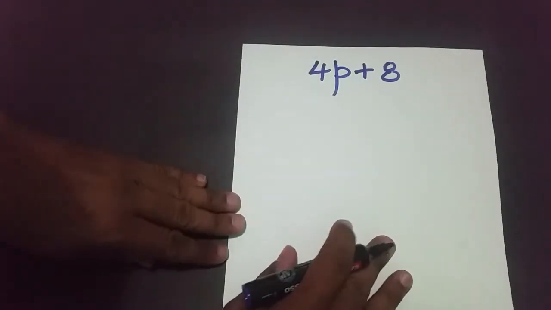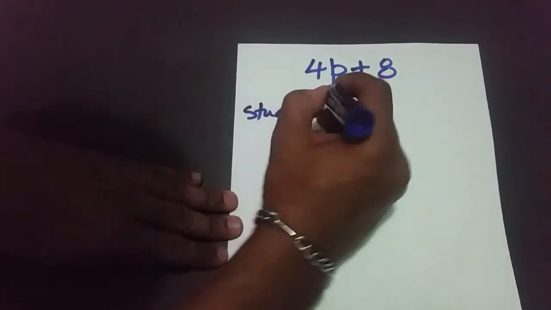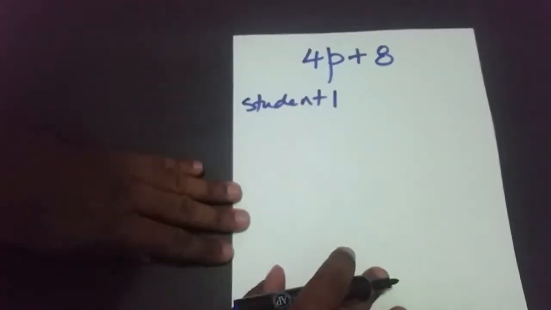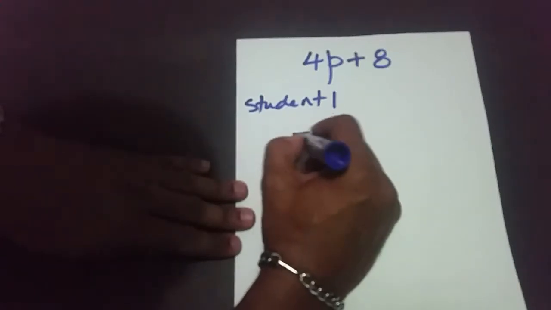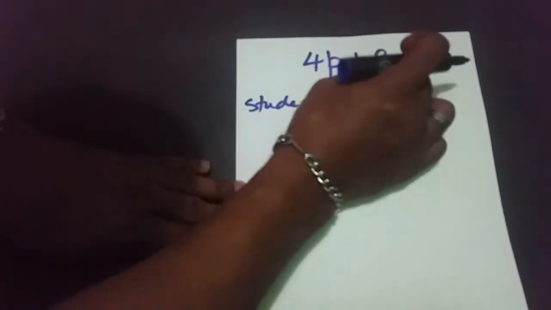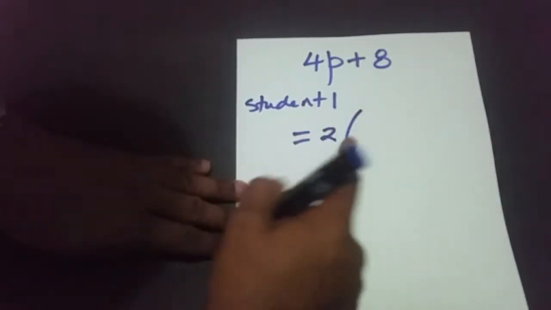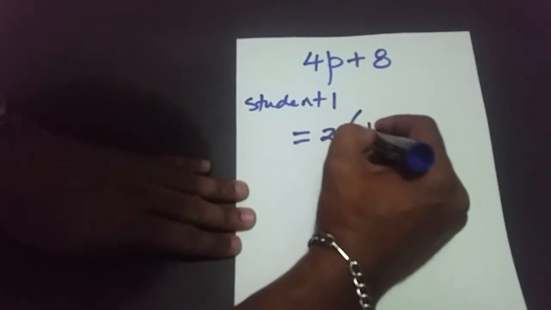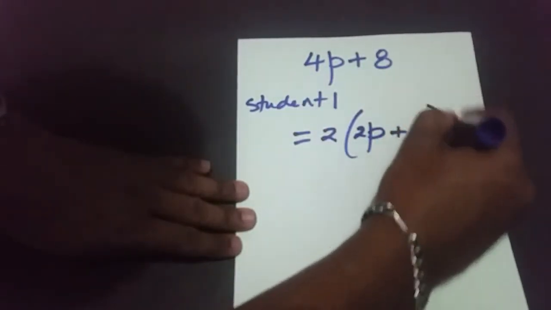Now, in an examination, we had 2 students. So student 1 factorized 4p plus 8 and got this as the answer. So he said what is common in the two terms would be 2. So I put the 2 outside the bracket and said 2 times what gives me back 4p, that would be 2p. And 2 times what gives me 8, that would be 4.